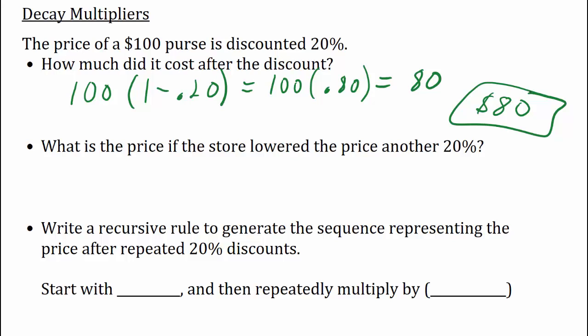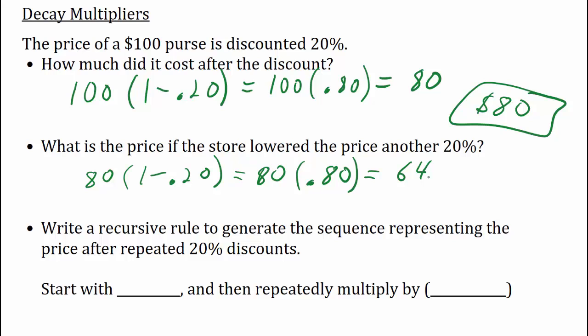Now what is the price if the store lowered the price another 20%? Well, once again, that would be 80 times 1 minus 0.20. So we're keeping 80% of the value of the purse because we're losing 20%.